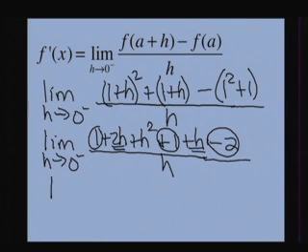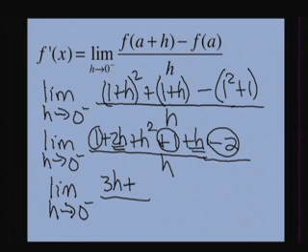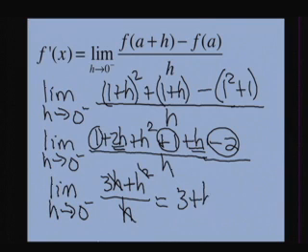So this is the limit as h goes to 0 from the negative side of 3h plus h squared all over h. And now, of course, we can cancel an h, leaving us with the limit of 3 plus h as h goes to 0, which means that we get a limit of 3.